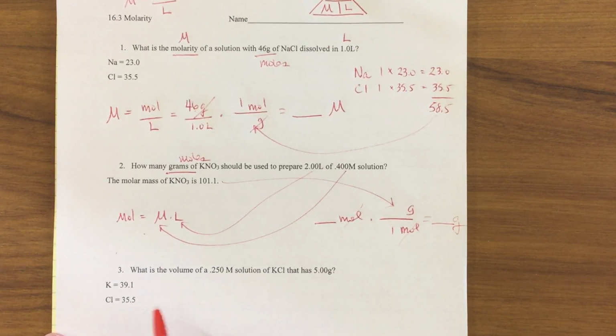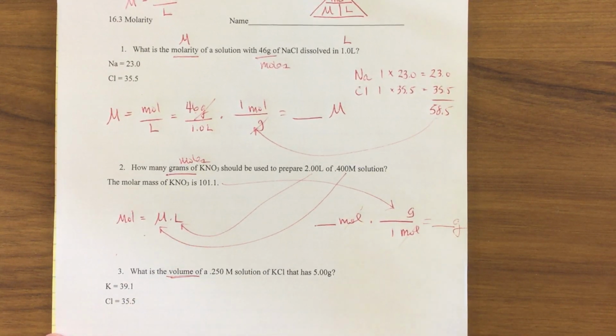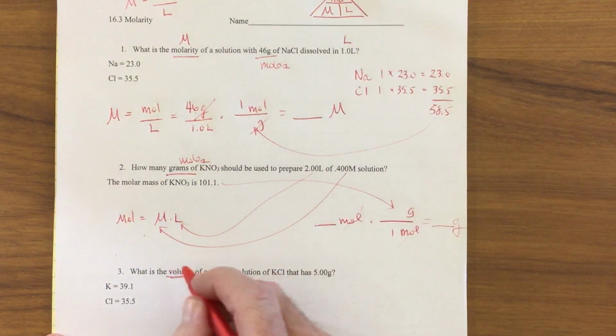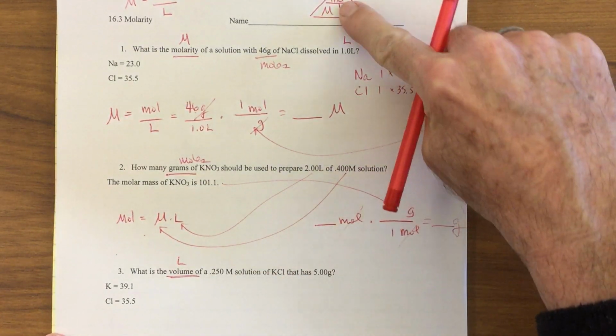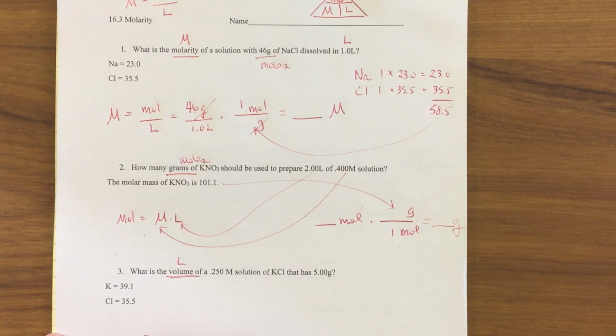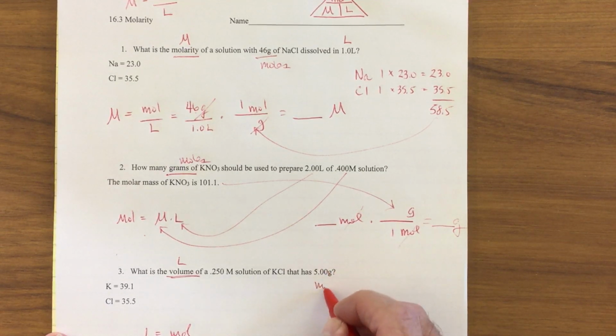Third type of problem, what's the volume? So the volume is liters. So liters is equal to moles over molarity. So you follow very similar steps. We have a certain number of grams. This is like my moles, but we have to convert it to moles using the molar mass.